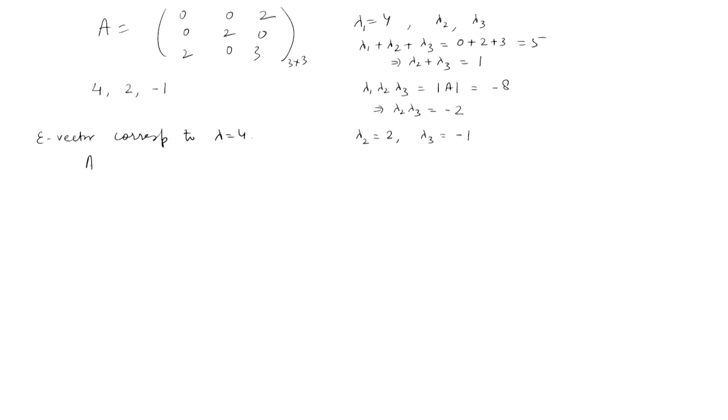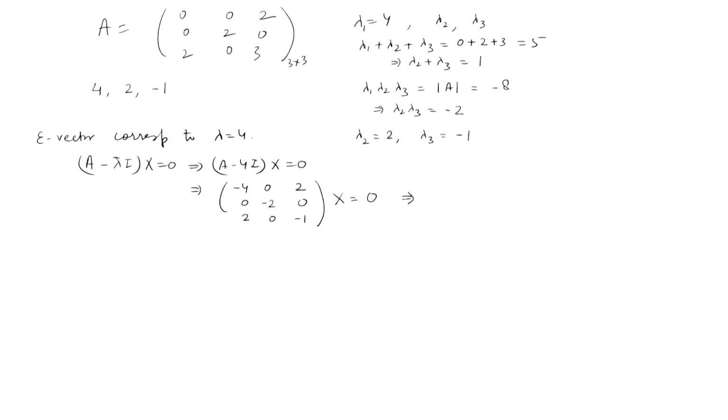How will you find that? It is A minus lambda I times x equal to 0 again. So, this implies A minus 4I times x equal to 0, that is minus 4 0 2, 0 minus 2 0, 2 0 minus 1, and x, equal to 0.